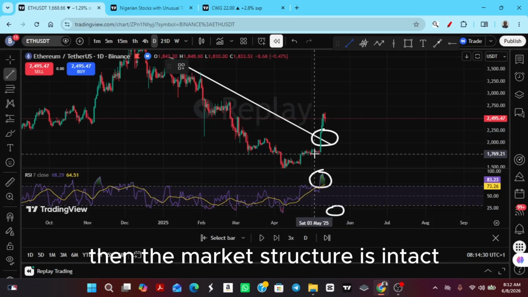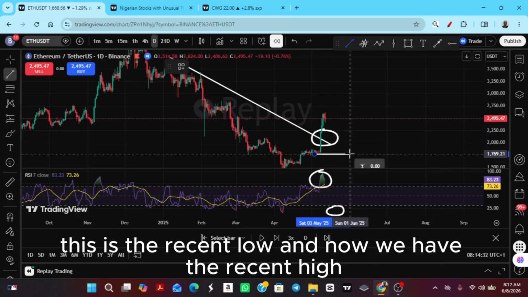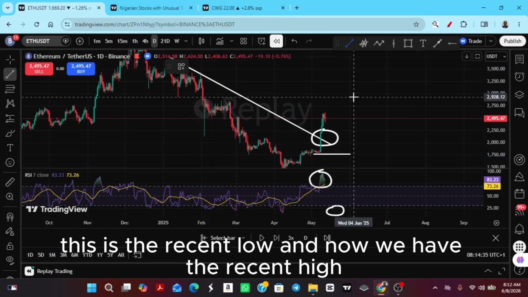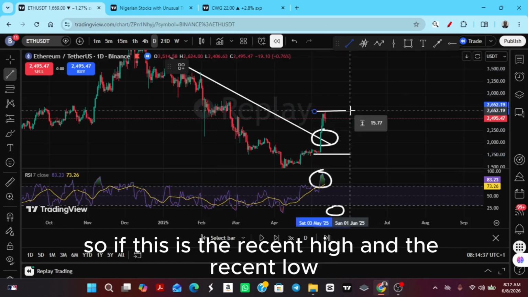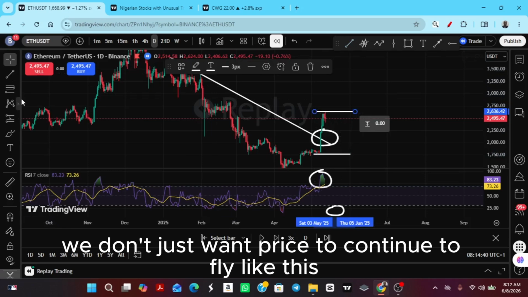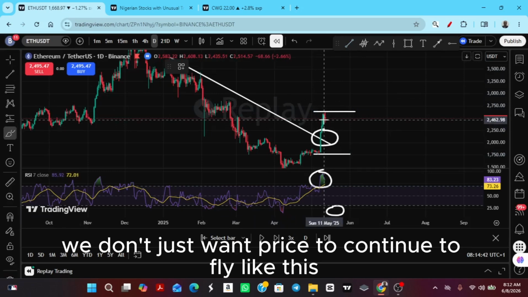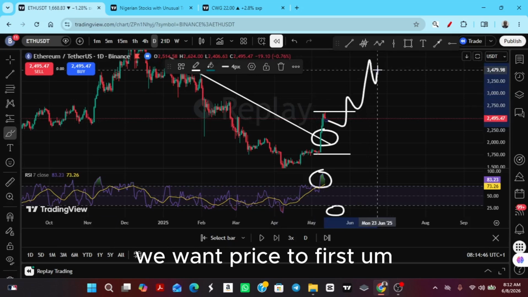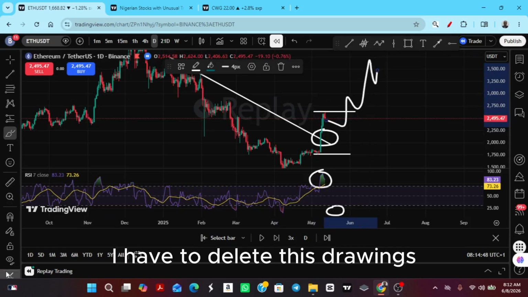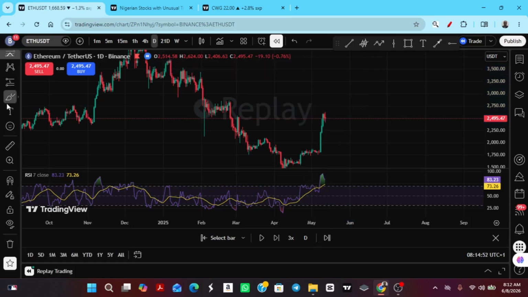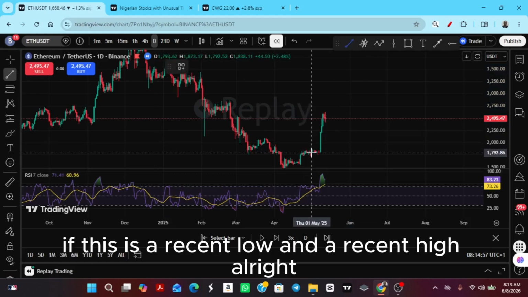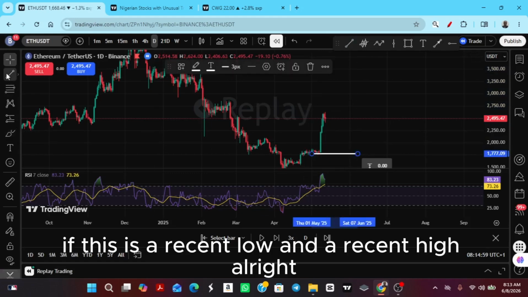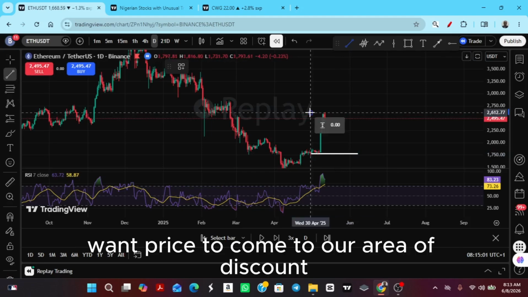Then the market structure is intact. This is the recent low, and now we have the recent high. If this is the recent high and the recent low, we don't just want price to continue to fly like this. We want price to first come to our area of discount.